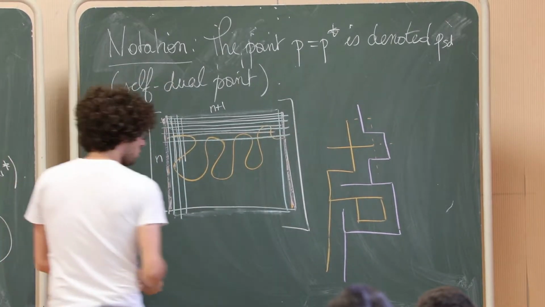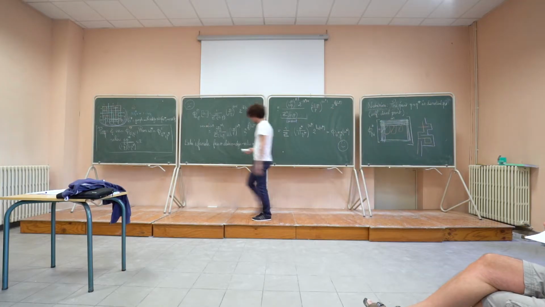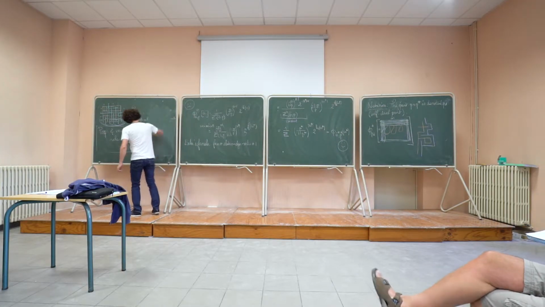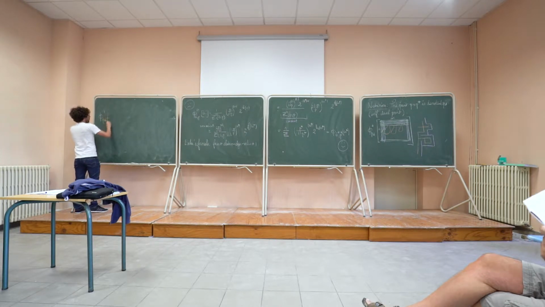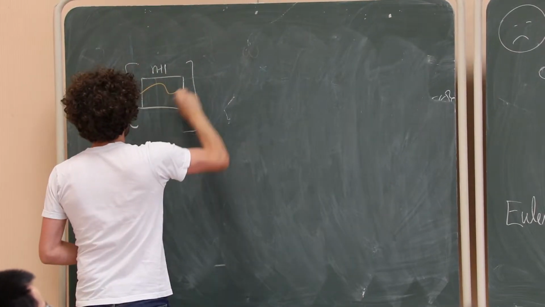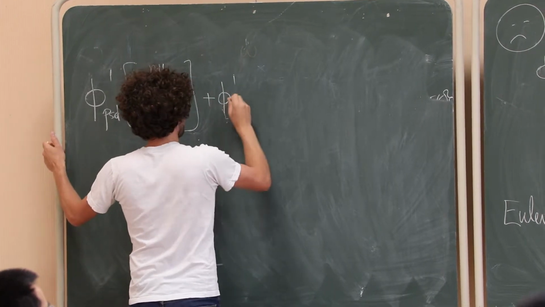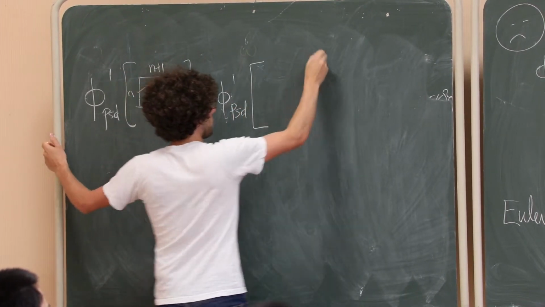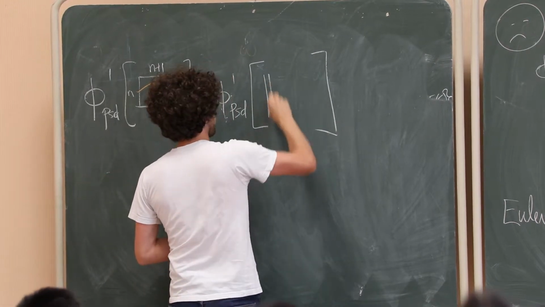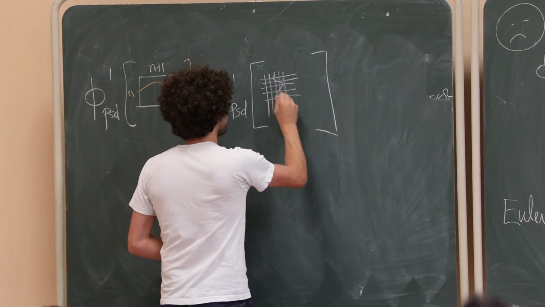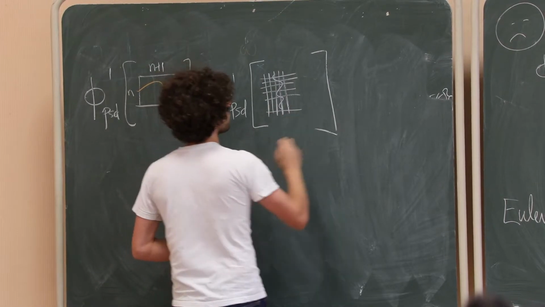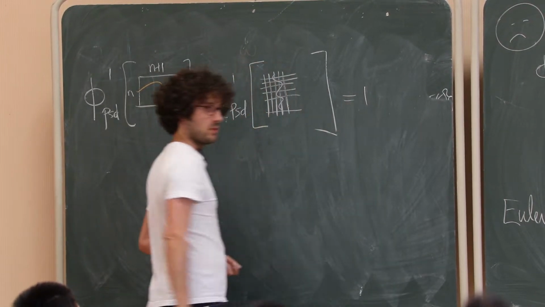Etc. So the probability of this event plus the probability of the event that in this dual graph I have something like that is equal to 1, okay?